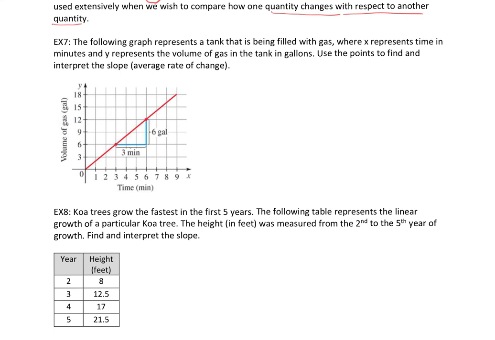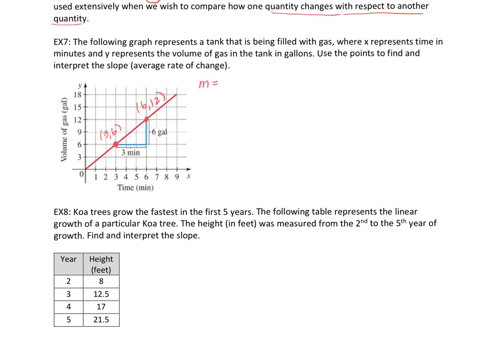So notice in this graph, we already kind of have these 2 points. One would be the point 3, 6, and the other point would be 6, 12. So we have these points, and I can compute the slope. But in this graph, it's nicely given to me by looking at the blue lines. But let's go ahead and compute the slope anyway.